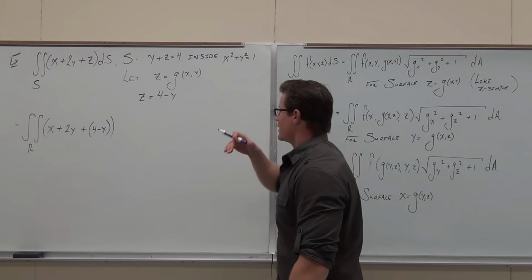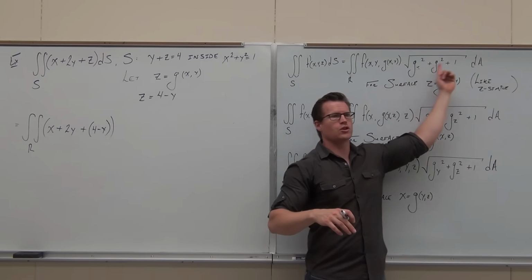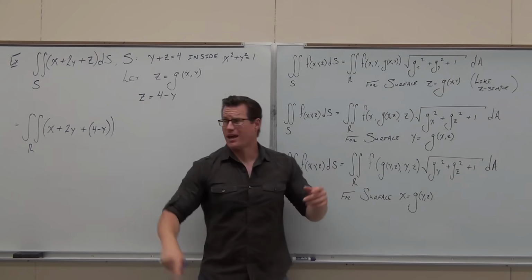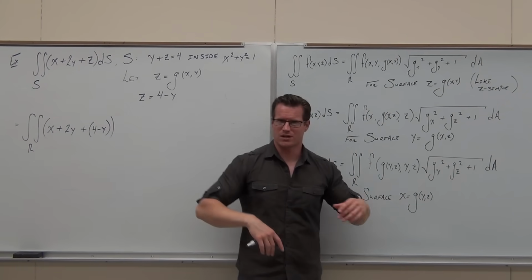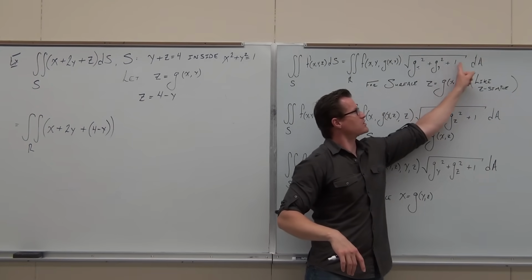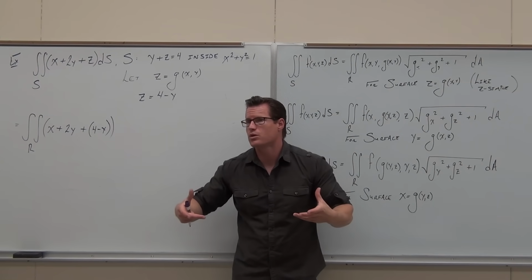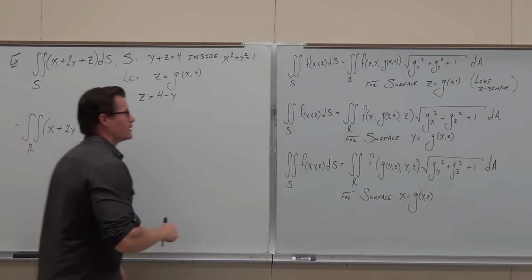Now, the dS. Okay, this stuff. That's the idea of surface. Hey, look at that. If dS is the surface area element, and that's the mass density function, we still have the mass density function. dS is surface area, right? This is surface area over that region, the projection of S onto a coordinate plane. No problem. That's just surface area, so we rewrite it.